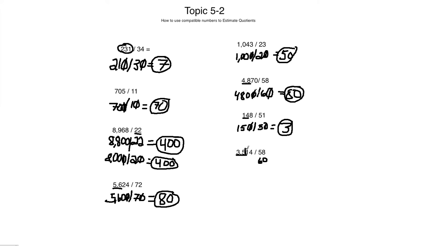Now I'm looking at these first two digits. 6 can't go into 35, but it can go into 36. And then I'm making these two digits 0. So I cross out the zeros. I know 6 goes into 36 6 times, and there's one more 0. So my estimated quotient is 60.